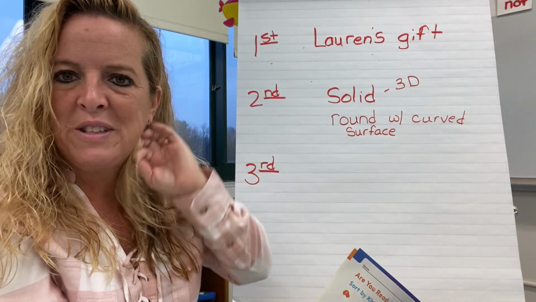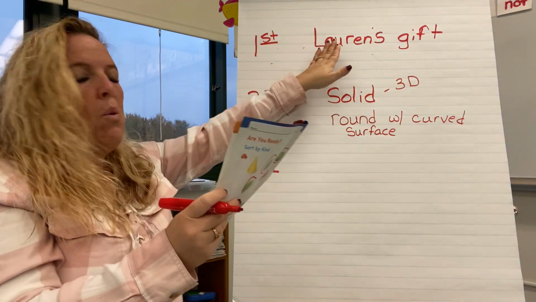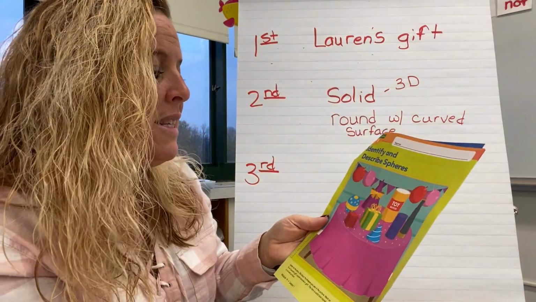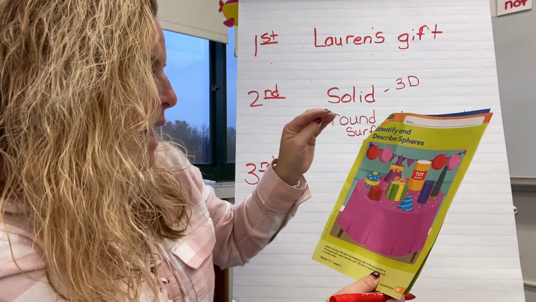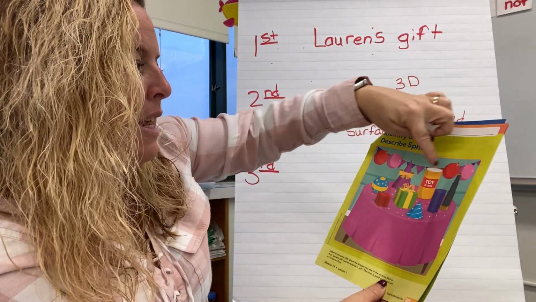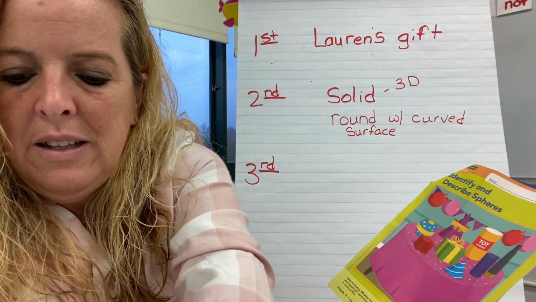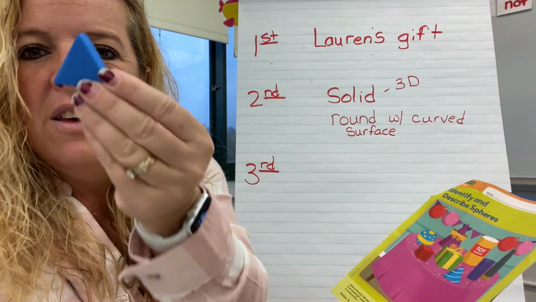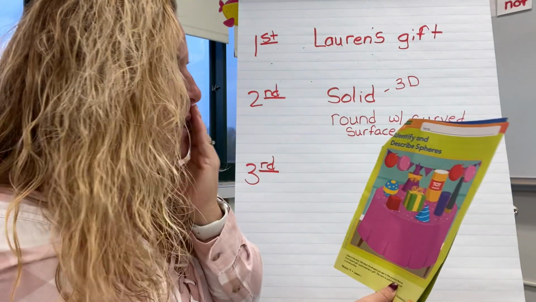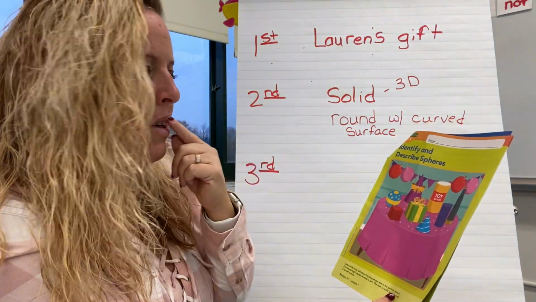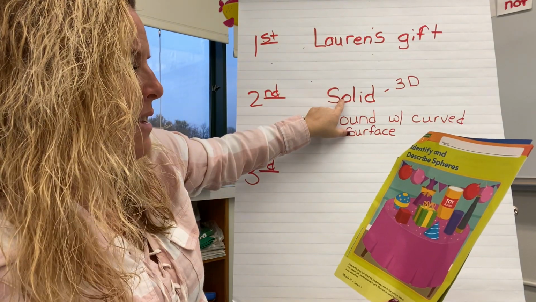What else? So we know we're looking for Lauren's gift, so let's get back to this one. We know it's a solid. So I'm looking, I know it's not any of the banner because those are triangles like this. Those are the flat ones. So I know it's not that. Balloons, are they solid?